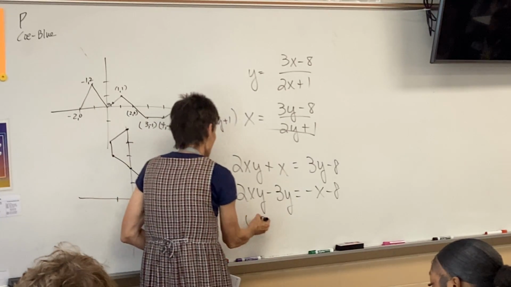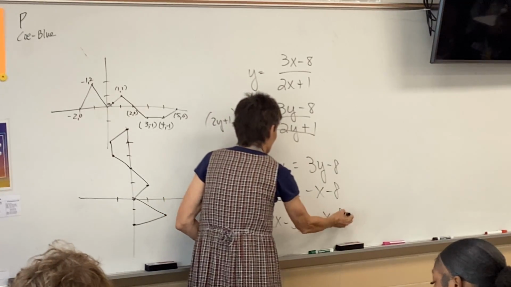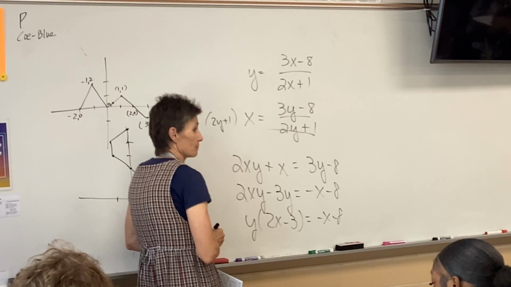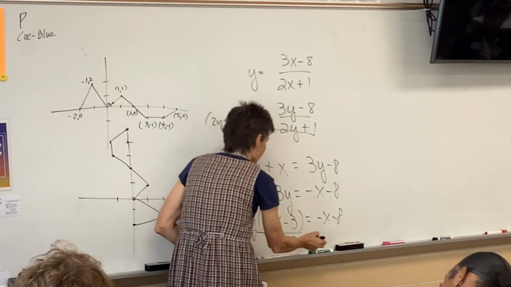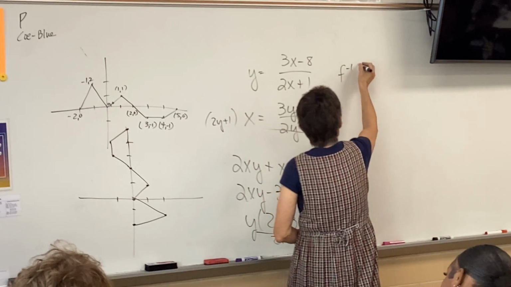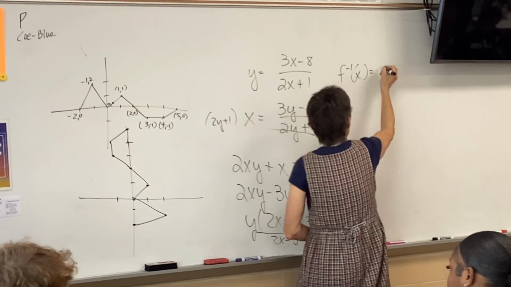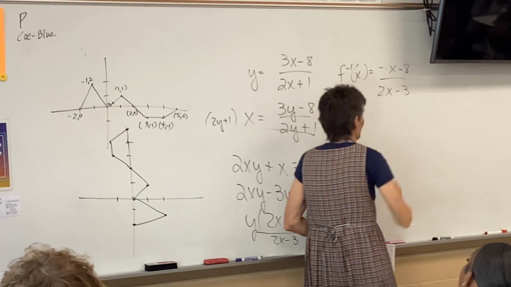Factor out the y. And divide. And this is what I'm dividing by, right? So my inverse is negative x minus 8 over 2x minus 3.